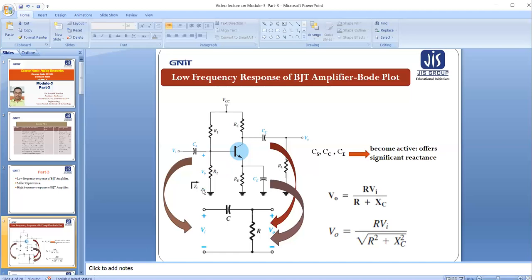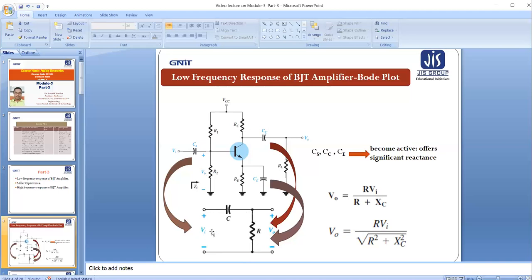To analyze deeply the functionalities of these capacitors, first we have simplified it to a capacitor and resistive network like this. First, the capacitor is present, then the resistor is present.